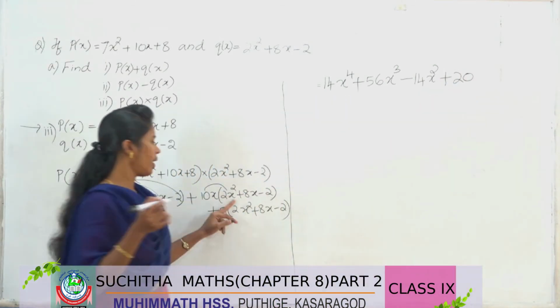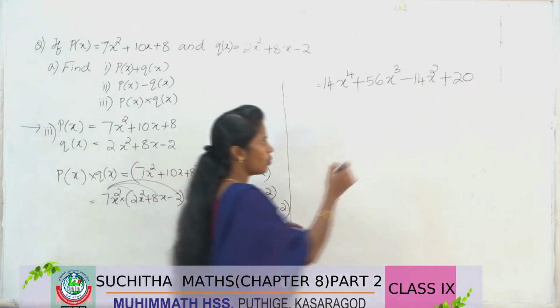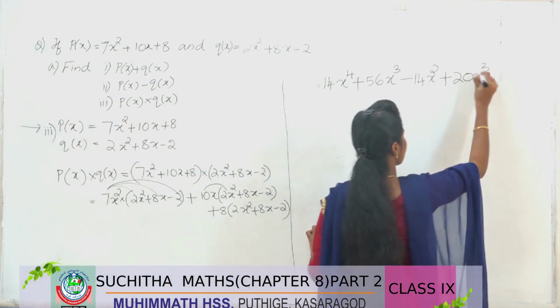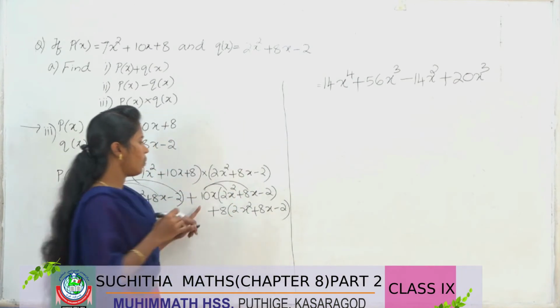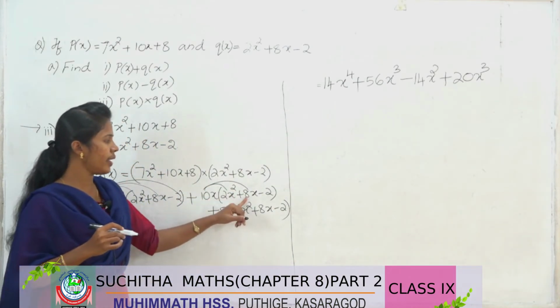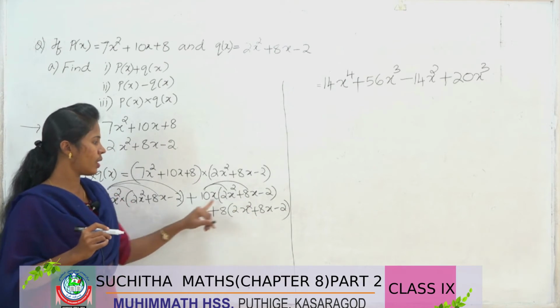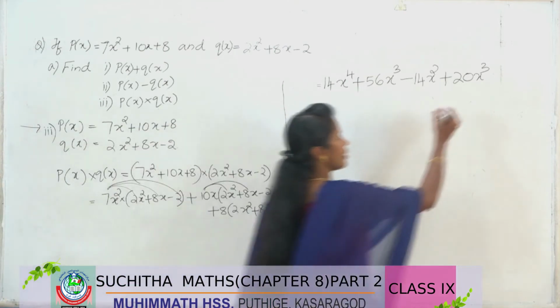Then x into x square is x cube. Then 10x into 8x. 10 into 8, 80. X into x, x square. So 80x square.